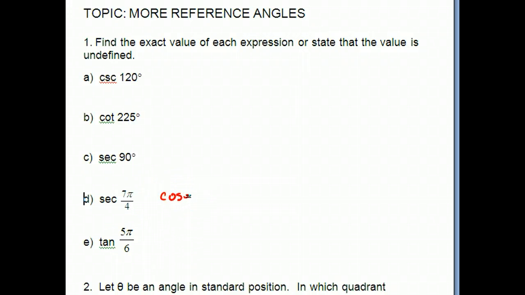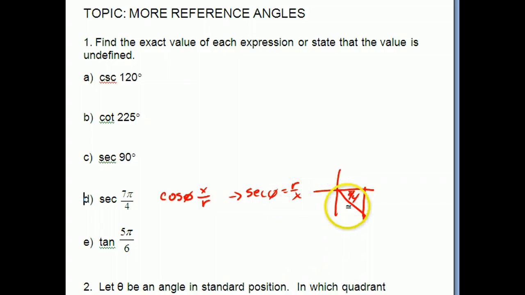We know cos of theta is x over r, so secant is going to be r over x. That's a 45-degree angle in the fourth quadrant, right? There's 7 pi over 4, so this is going to be pi over 4 in here.